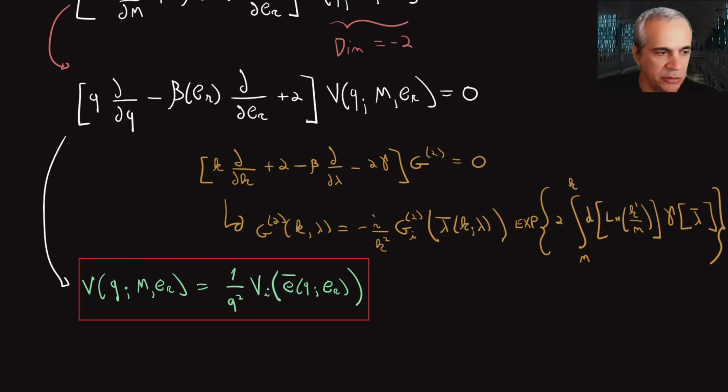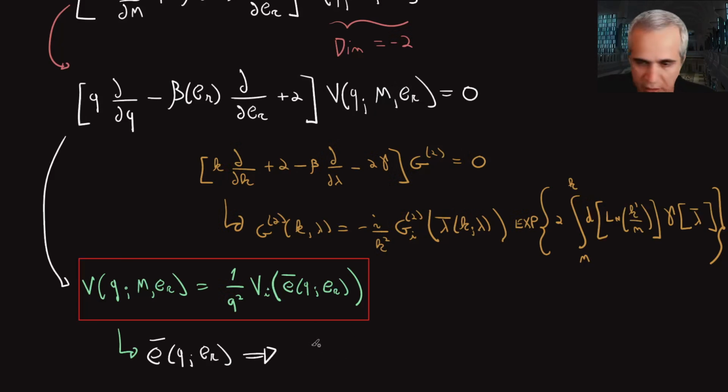Of course, in order to do that, you have to know what e bar is. And it's the same thing as before. e bar of Q and e_R is the solution of another equation, which again we can take for the general thing. It's just the beta function, the same as the equation that we had for lambda bar here.